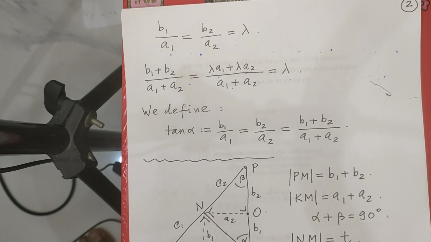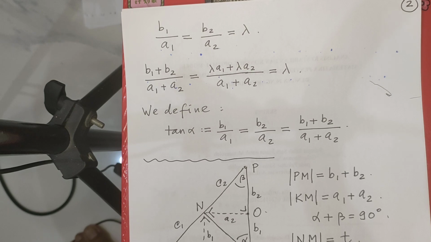If B1 divided by A1 equals B2 divided by A2 is a constant, in this setting equal to lambda, then B1 plus B2 divided by A1 plus A2 also equals lambda.